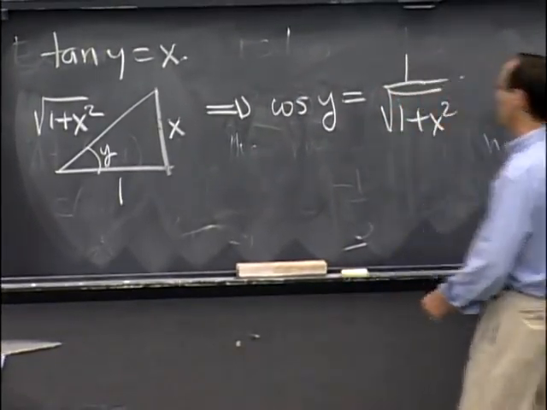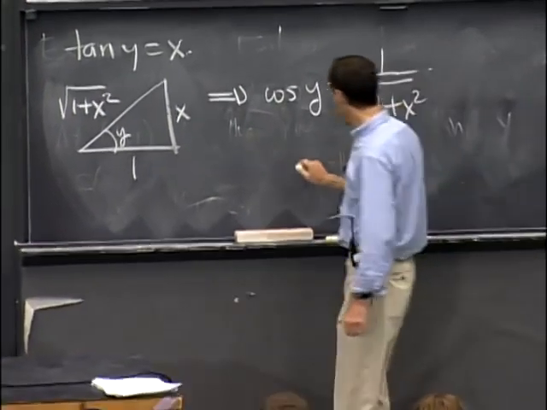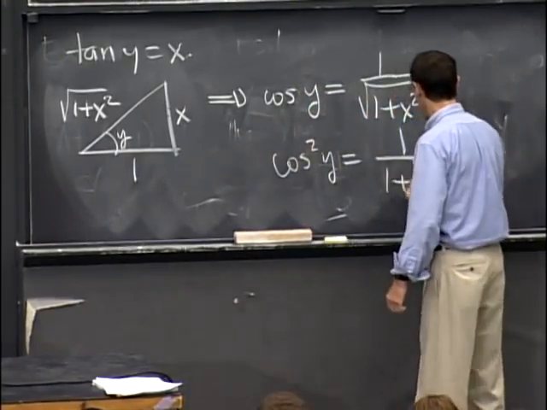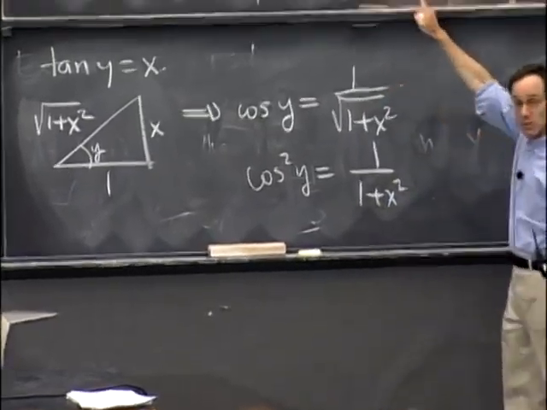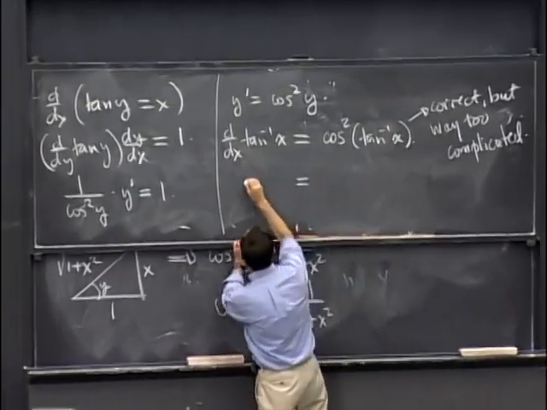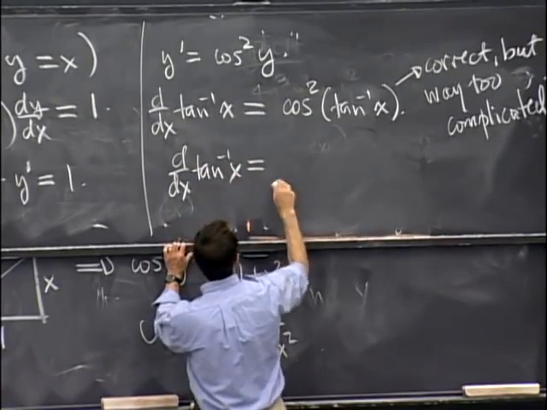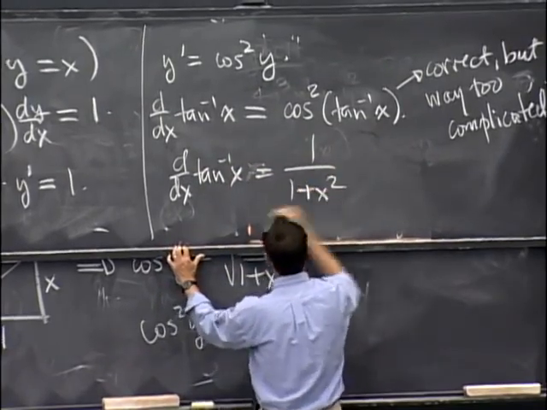That's it. And so cosine squared is just 1 over 1 plus x squared. So our answer over here, the preferred answer, which is way simpler than what I wrote up there, is that d by dx of tan inverse x is equal to 1 over 1 plus x squared.